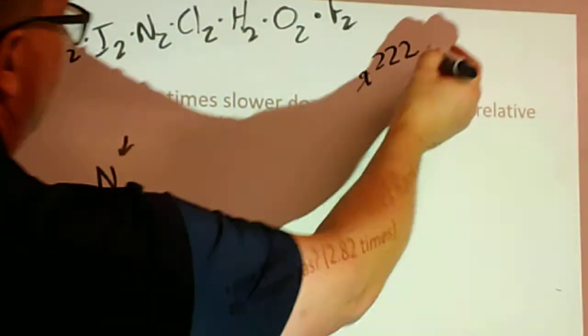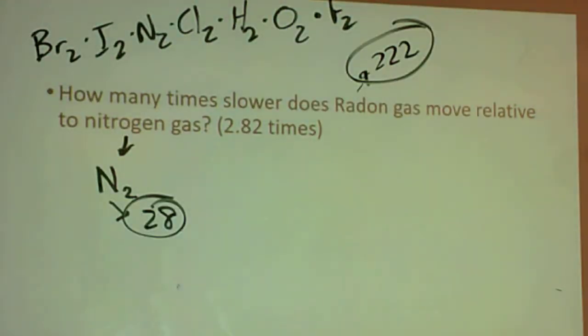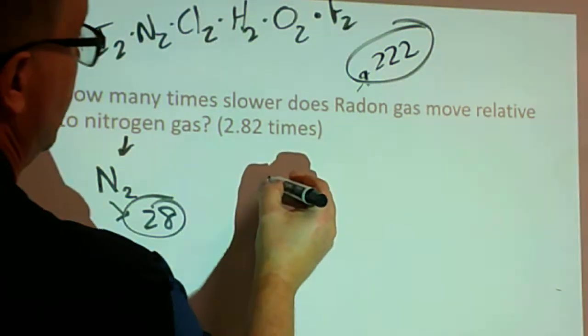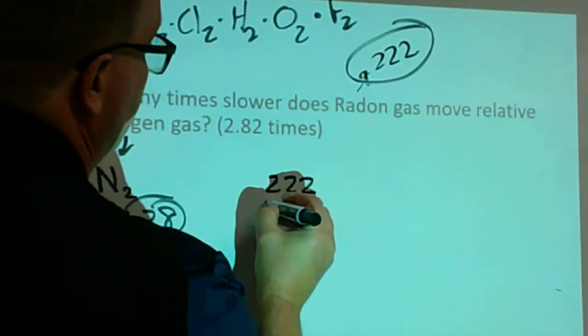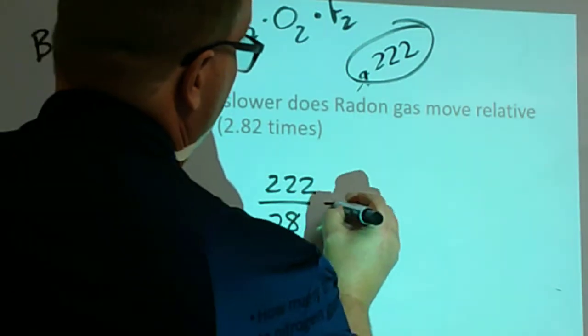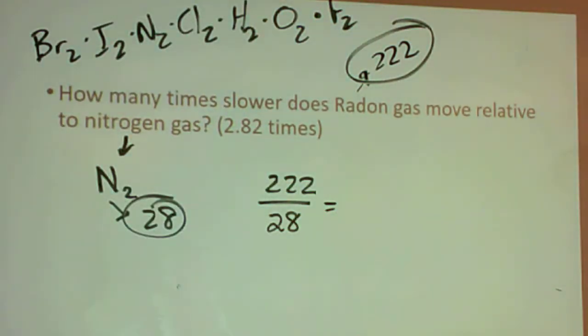I have my 2 mass numbers because if we're talking about how many times slower somebody runs or how many times faster, we're going to do it according to their mass. So we're going to have 222, and we're always going to put the higher number at the top because it really doesn't make sense to say somebody runs half time slower than somebody else.